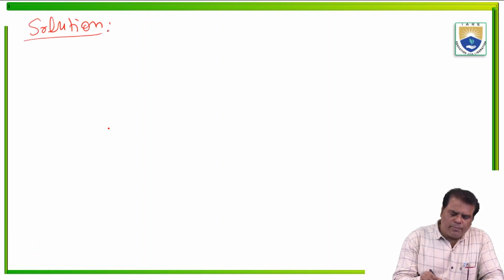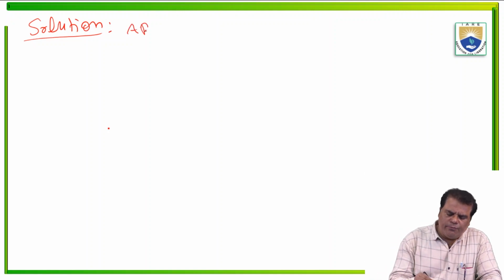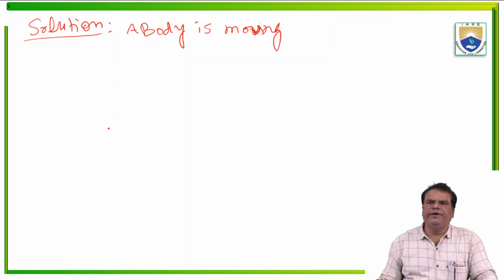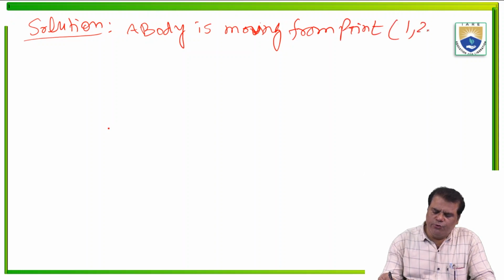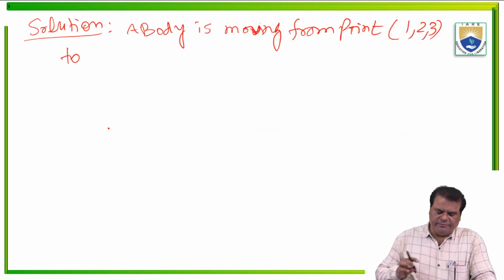A body is moving from point 1, 2, 3 to 3, 5, 7.